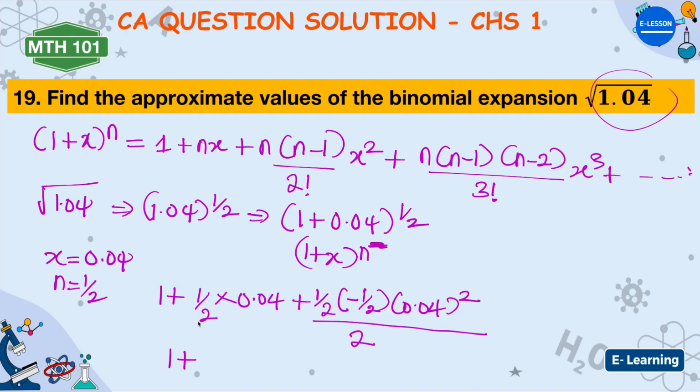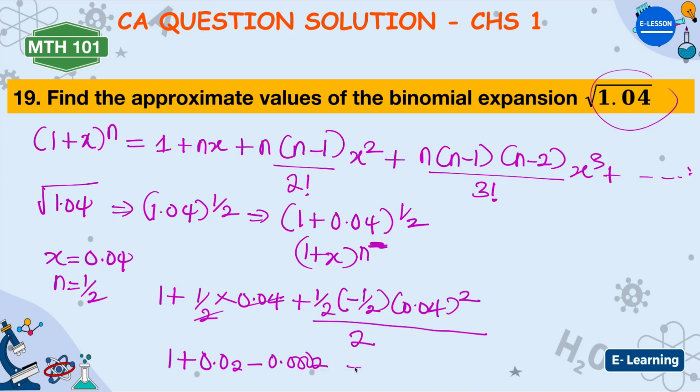So here it gives us 1 plus 0.02 plus. Now if you press 0.04 squared in your calculator, it gives us 0.0016. Then half times minus half gives minus one quarter, so we divide by 4, and then divide by 2 again, which gives us minus 0.0002.